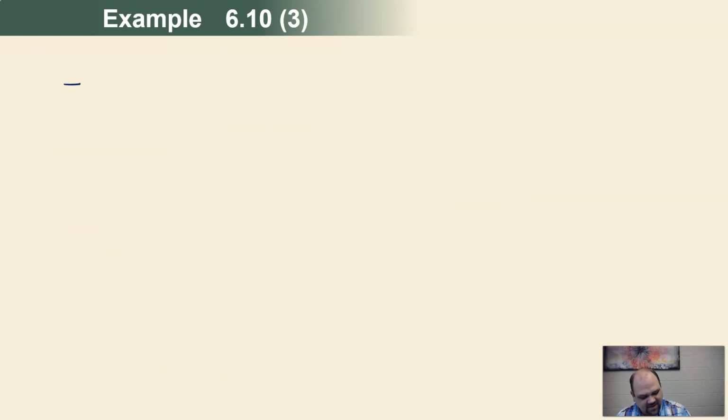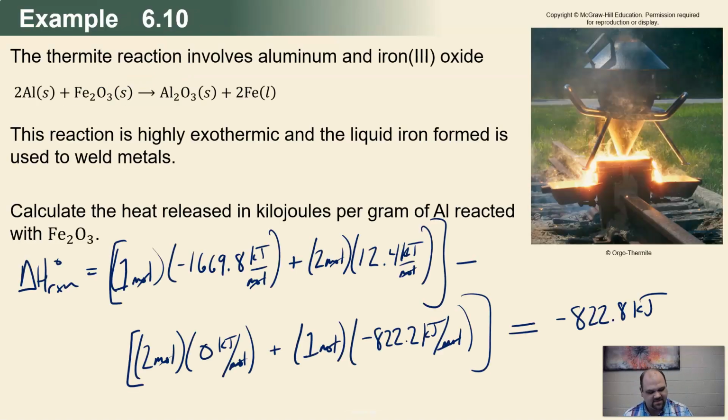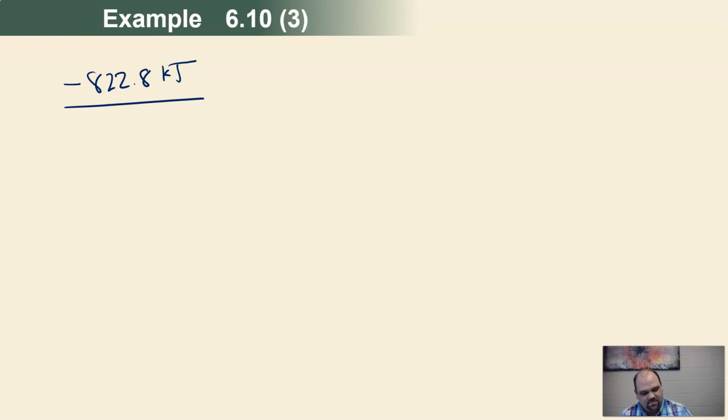So let's take this one step further. We have negative 822.8 kilojoules. And in our reaction, let me go back, in our reaction, we had 2 moles of aluminum. And so that kilojoules is divided by 2 moles of aluminum. Right? We get out 822.8 kilojoules of energy for every 2 moles of aluminum that react.